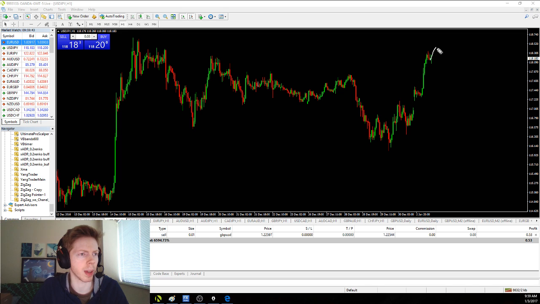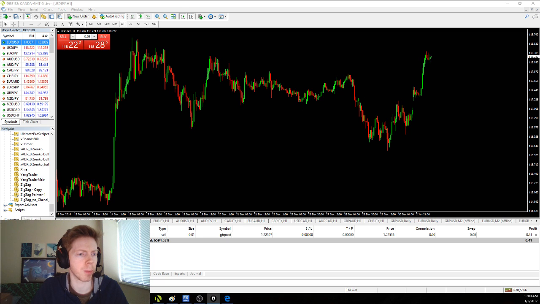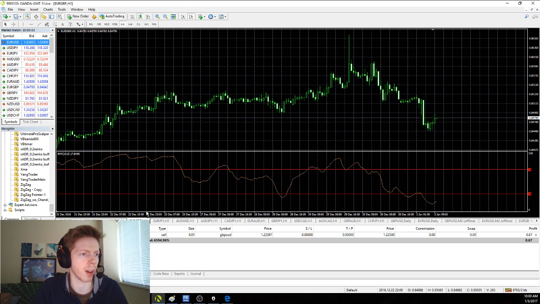It is on its way back up. Not good for any trade right now, though. Not good for a pullback, and not good for a continuation. For a continuation, I would wait for this to fall down a bit more, at least to this area, maybe, before entering on a continuation. But that's a long time before now.